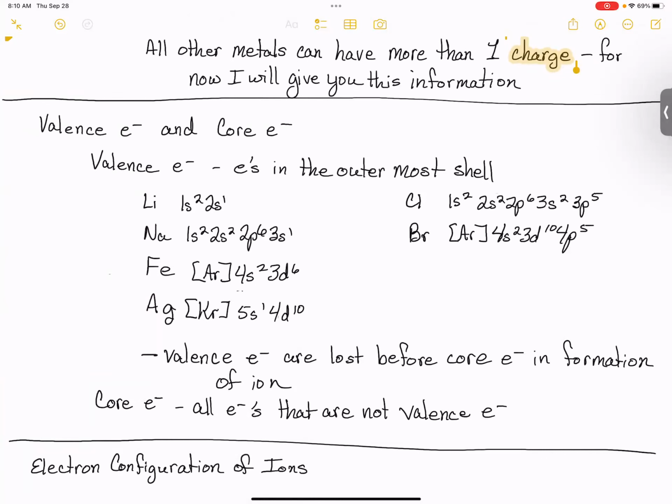The electrons responsible for how an element behaves are primarily the valence electrons. The valence electrons are the electrons in the outermost shell, in other words, in the highest principal quantum number.